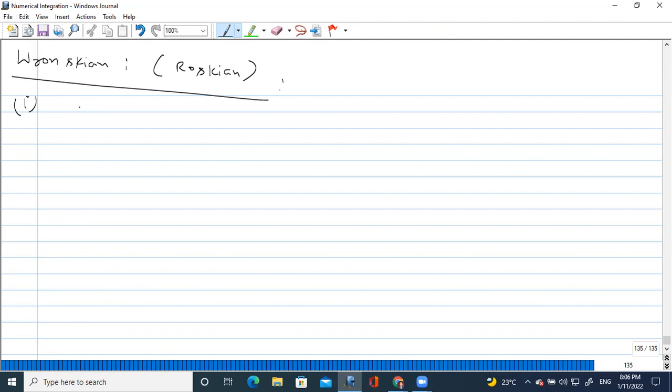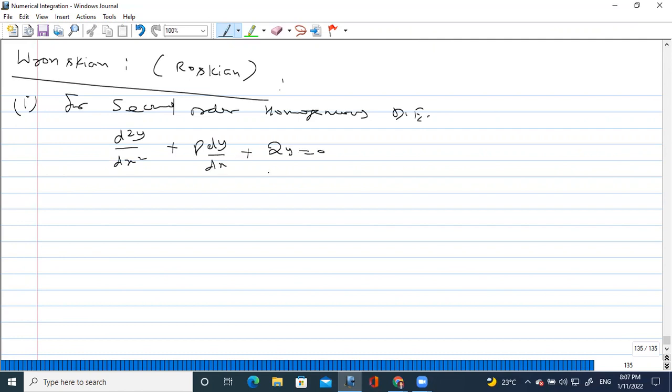Number one, second order homogeneous differential equation: d2y over dx square plus p dy by dx plus qy is equal to 0.